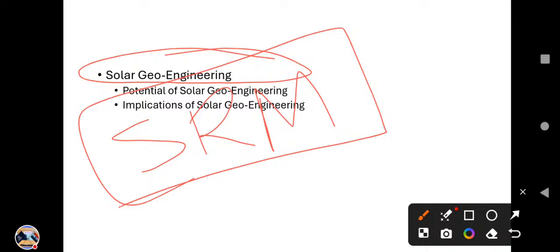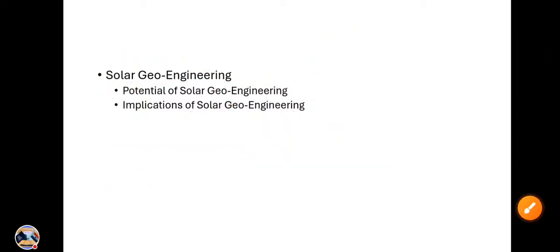Different SRM methods: we take a new page, so we can simply define these SRM methods. This is solar radiation management. This is the sun, and you can see these radiations taking place.